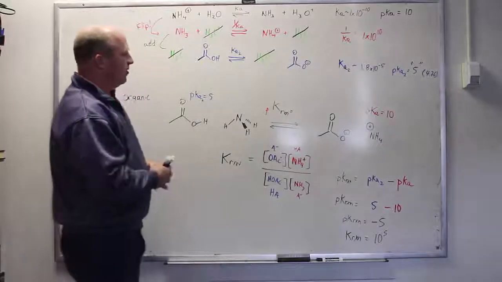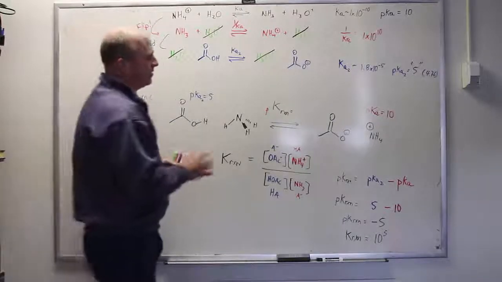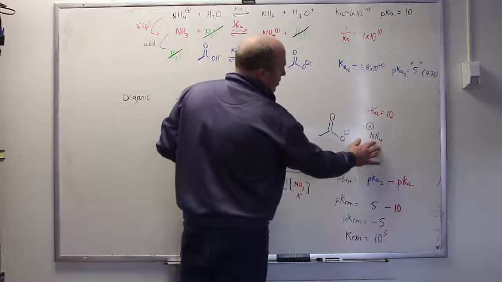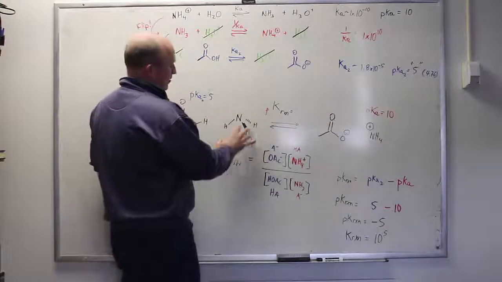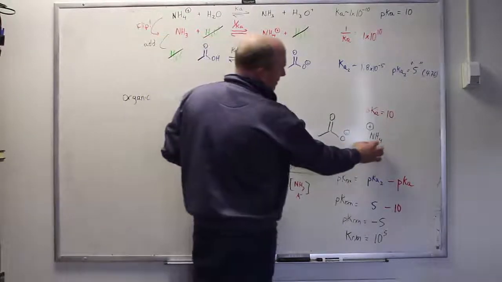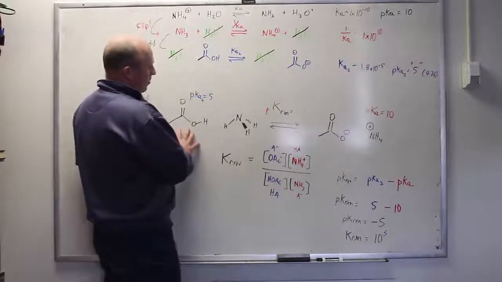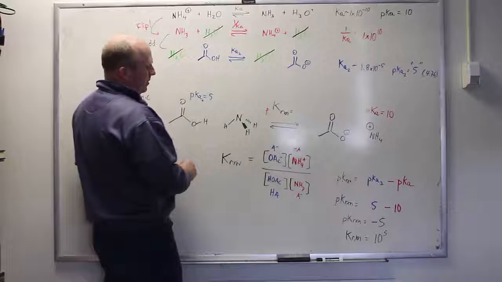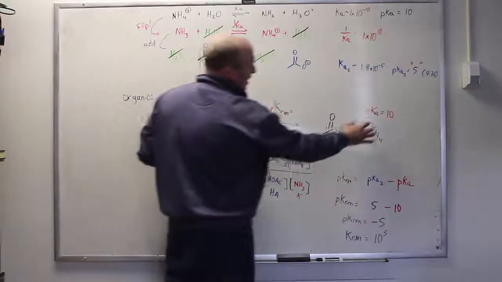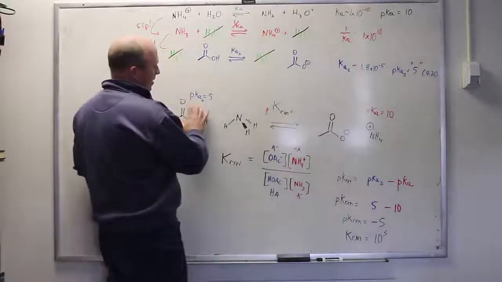And so what you end up doing to make this easiest is you find the conjugate acid of your base. So whatever your base is, you find the conjugate acid, and you figure out what the pKa is for that. You find your weak acid here, and you know what the pKa is for that. So I have a pKa that's 10 and a pKa that's 5.